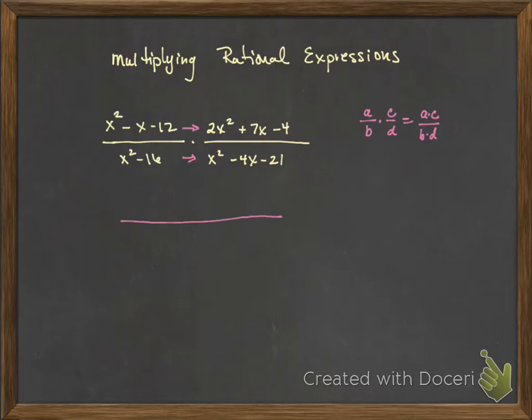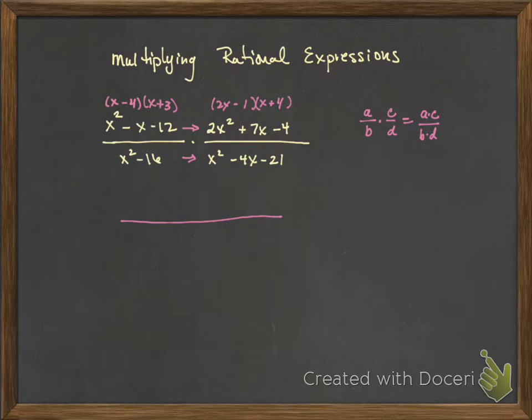So the top factors to x minus 4, x plus 3, which you can easily check by multiplying. This one factors to 2x, and then 4, and then 1, the positive on the 4 and the negative on the 1. So that gives you 8x minus x, which gives you positive 7x.